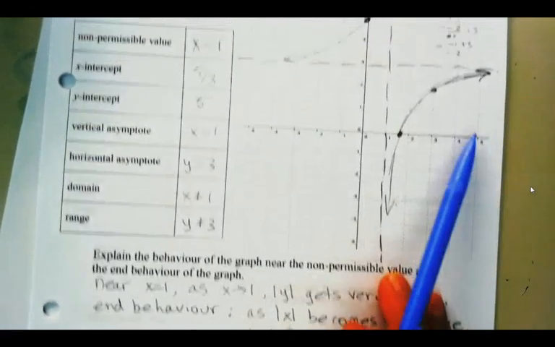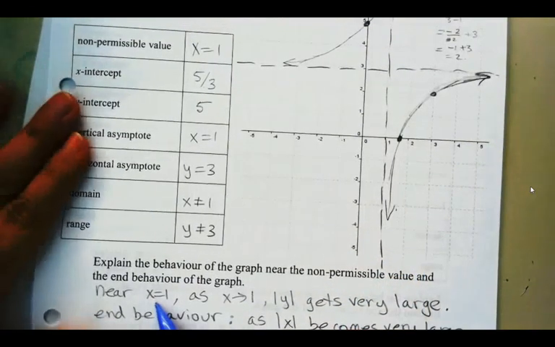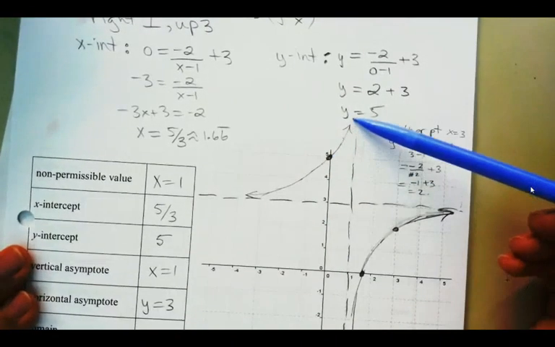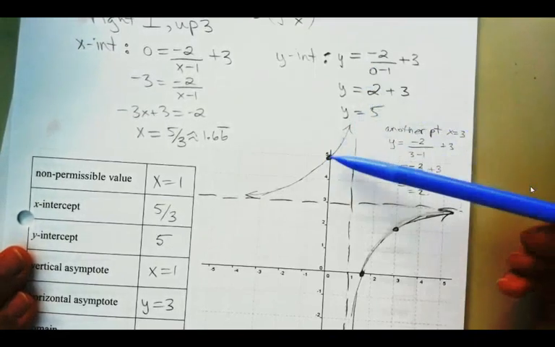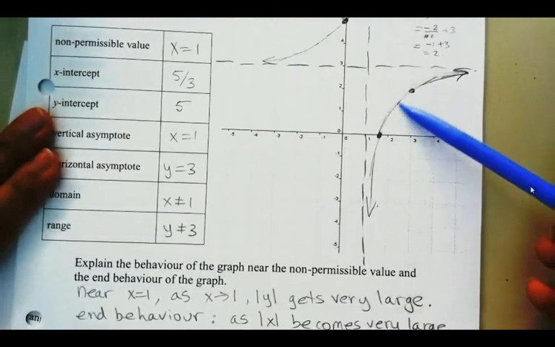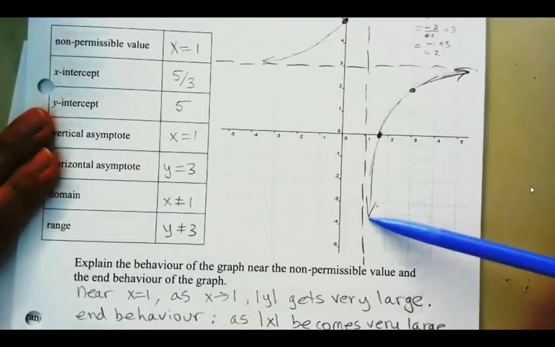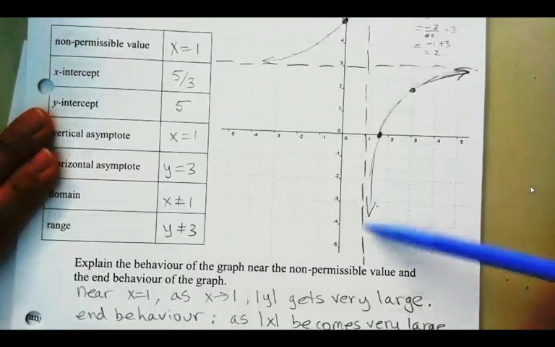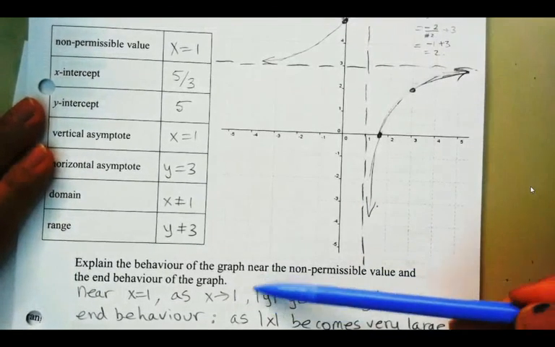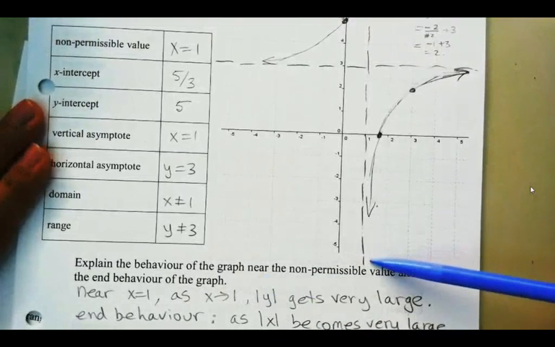This is x = 1. As it approaches it from this side, the y values get really big in the positive, and from this side, as it approaches it, it gets really large in the negative. That's why we just say the absolute value of y gets really large.